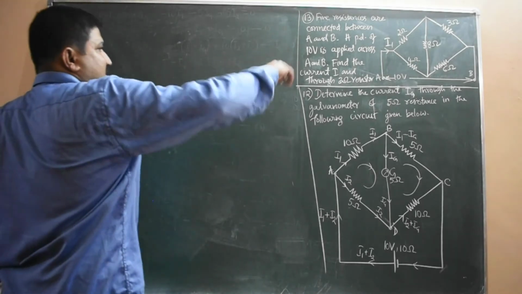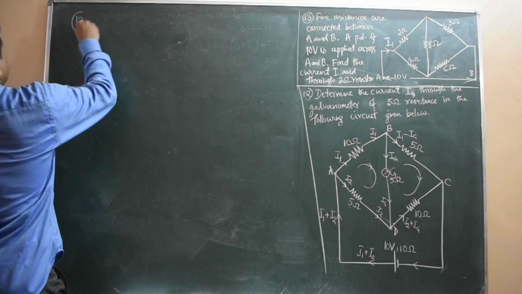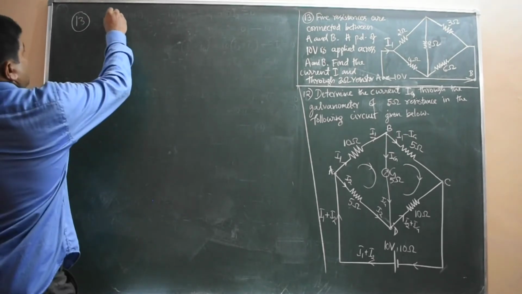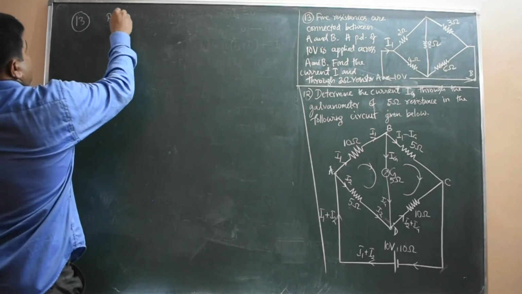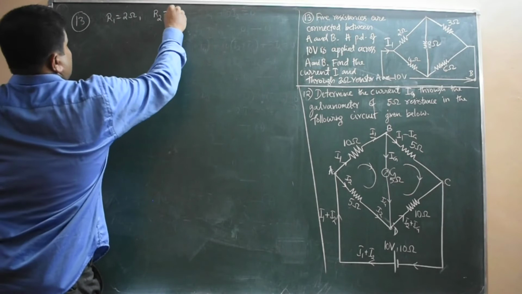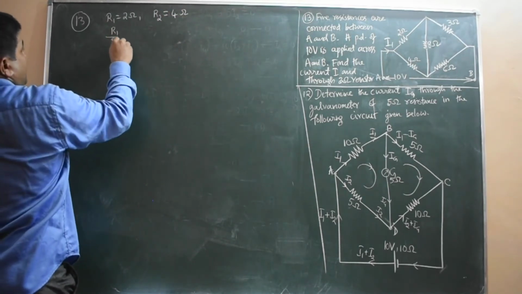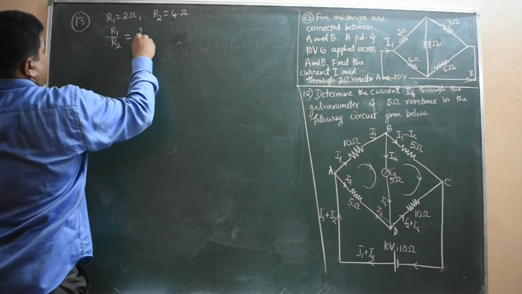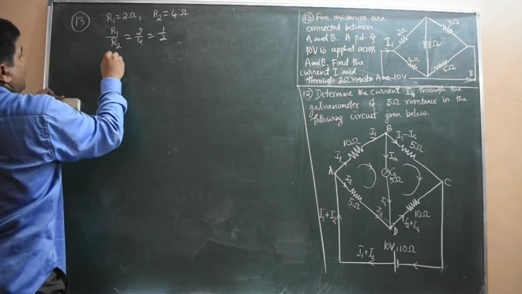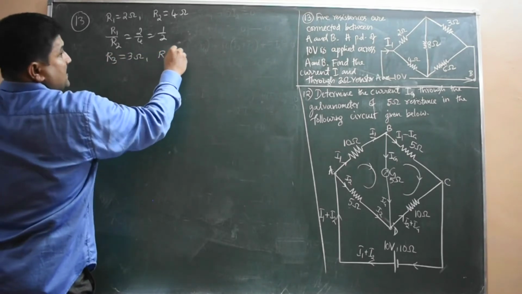So now the given circuit we have to verify. So question number 13. Firstly, we have to verify the resistances. Say R1 is 2 ohm. Okay, R2 is 4 ohm. The ratio R1 by R2 is 2 by 4 equal to 1 by 2, and R3 is 3 ohm and R4 is 6 ohm.